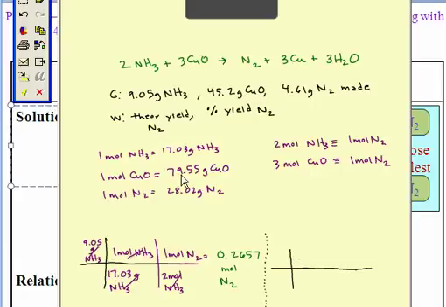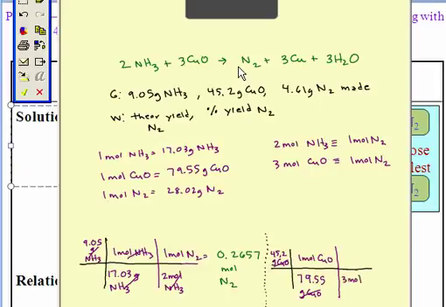Now let's do the same thing for my copper oxide. I'm given 45.2 grams of copper 2 oxide. So the first thing I need to do is get that to moles, and I do that by dividing by the molar mass. And now that I'm at moles of copper 2 oxide, now I can figure out how much nitrogen I'm going to get based on my stoichiometric coefficients from the balanced equation.